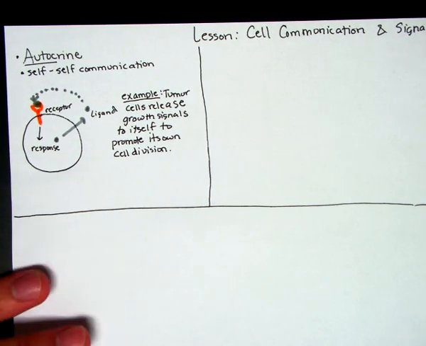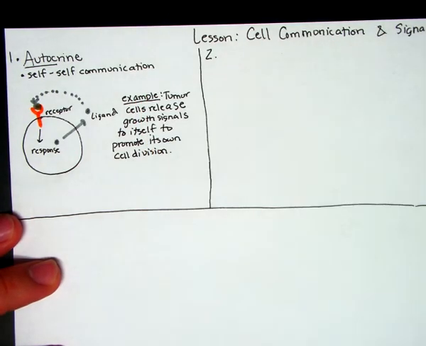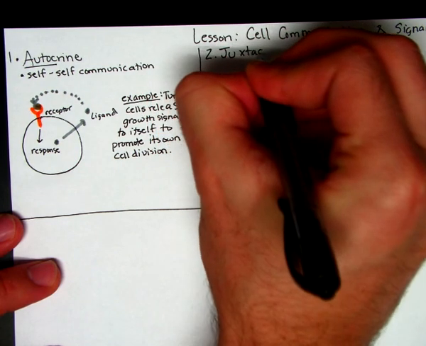Second type. Something called juxtacrine.